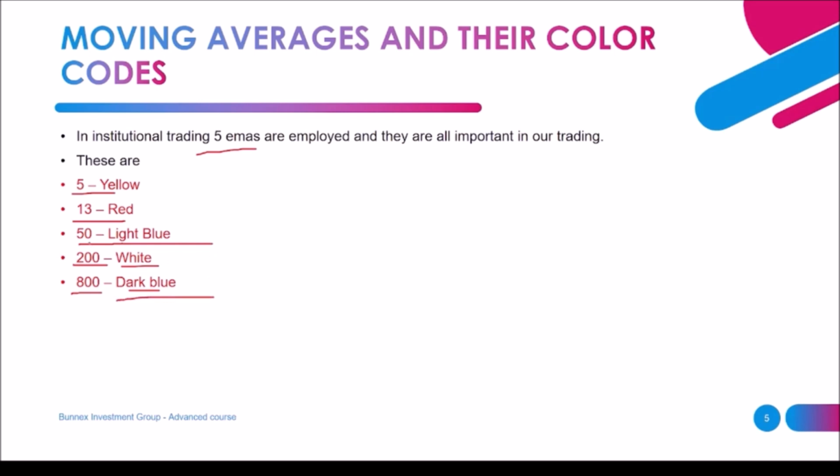No, that is the answer. We do not respect any crossover that skips any EMA. So 5 and 13 are valid, 13 and 50 are valid, 50 and 200 are valid, 200 and 800 are valid, not 13 and 200 or 13 and 800. We do not skip any EMA in between.